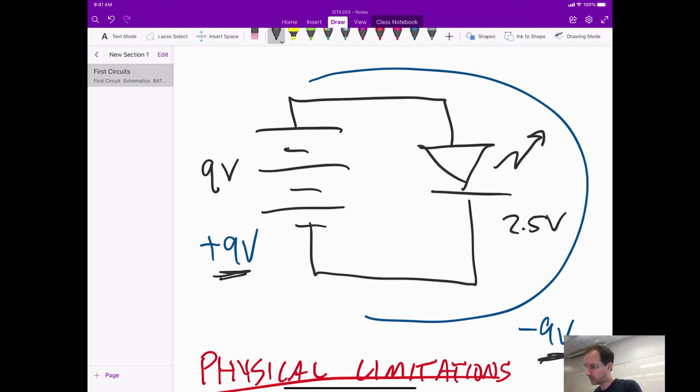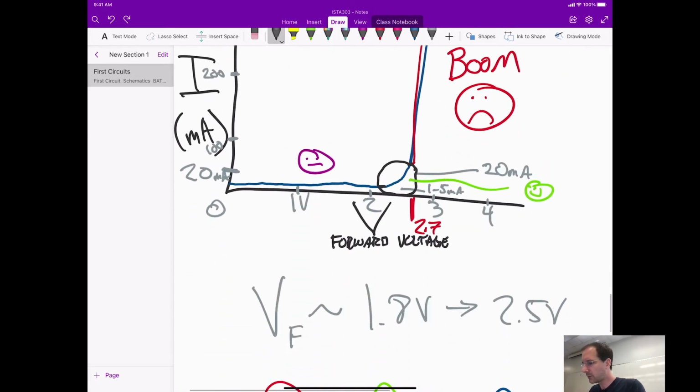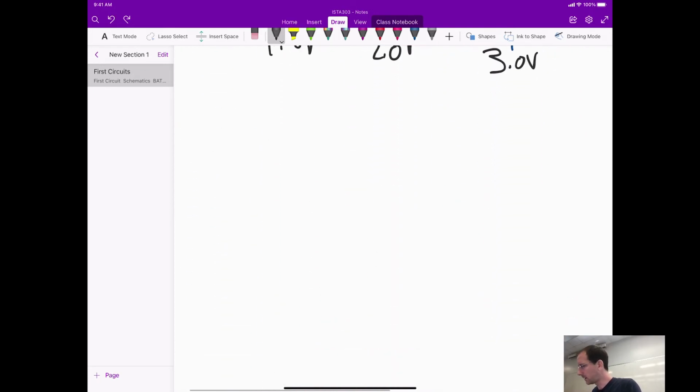Just to give a nice round number to work with. And so what on earth do we do here? How do we handle this? You've probably guessed what that might be. And the answer is basically the resistor. And that leads us into talking about Ohm's law.